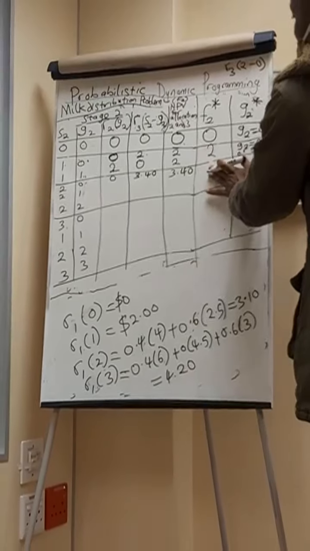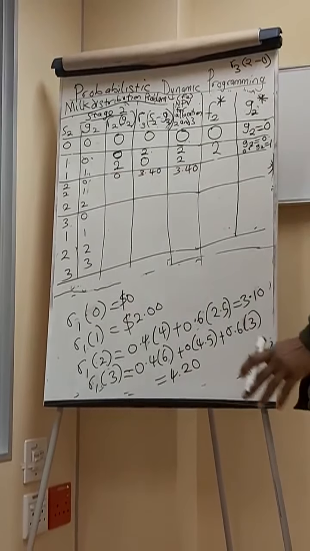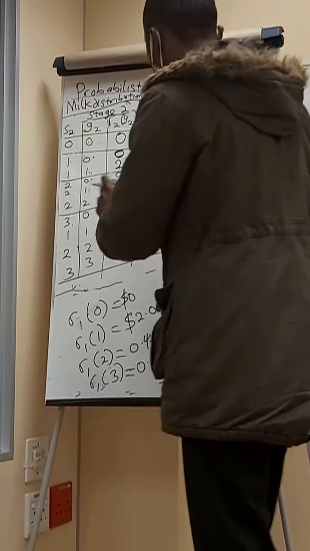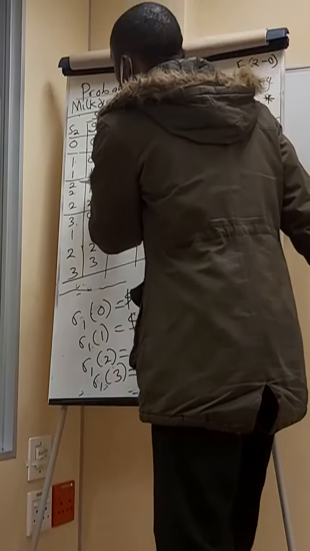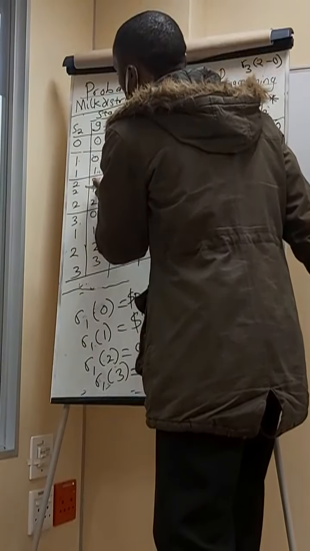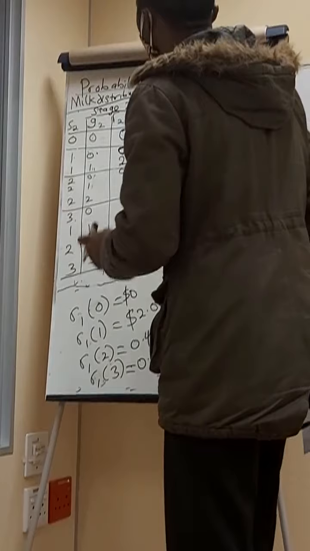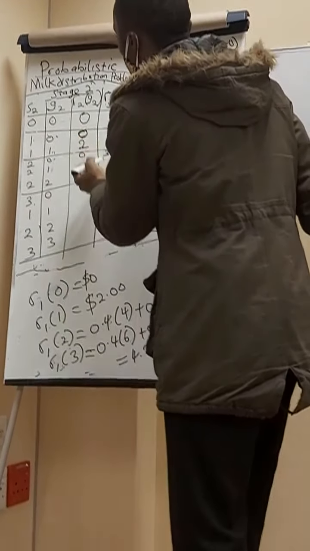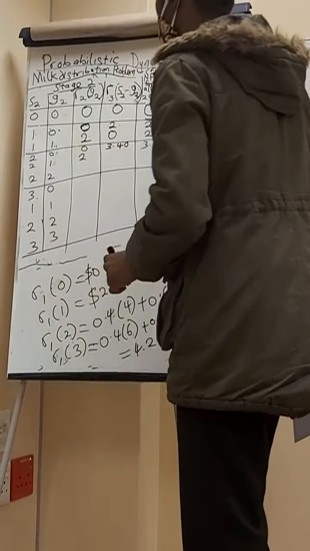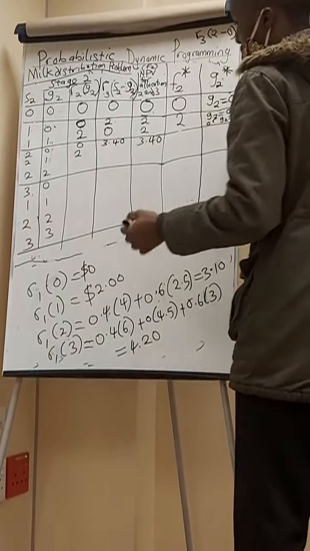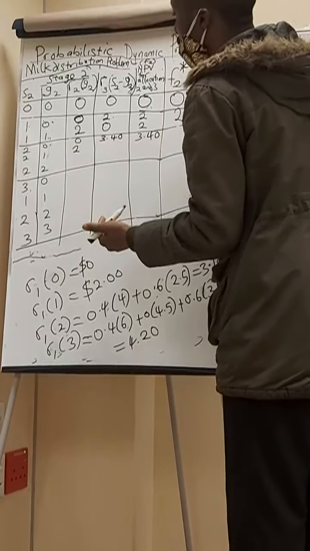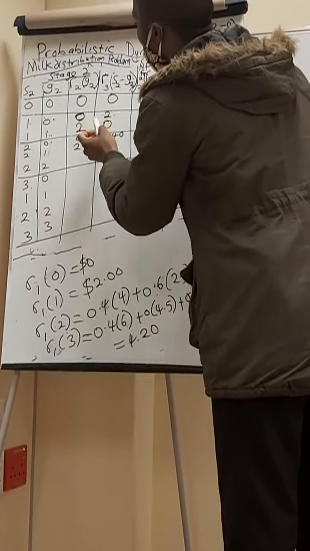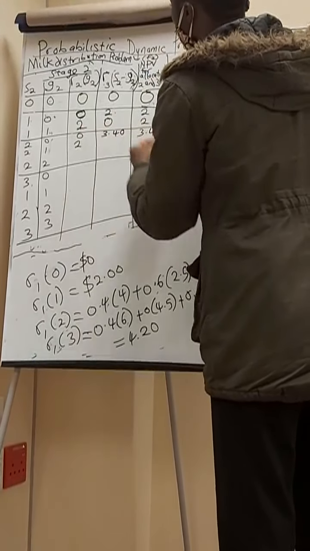Don't forget, you cannot finalize this until you do all the other options. So let's do the options. If you have 2 available and allocate 1, I'm going to have R2 of 1, which is 2. So allocating 1 means that we got 2.